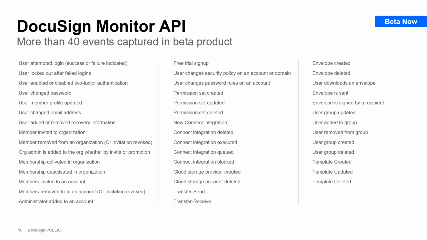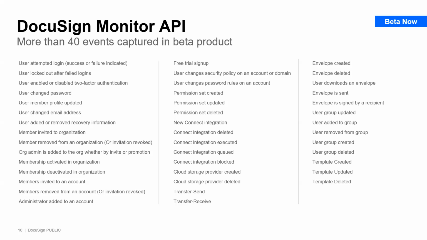The last bucket is data exfiltration. That is where if we see that a user who typically accessed only, say, a couple of envelopes, went and accessed a whole bunch of envelopes. That could potentially be a disgruntled employee who is trying to get away with as much confidential information about your agreements or your contracts before they leave the company, right?